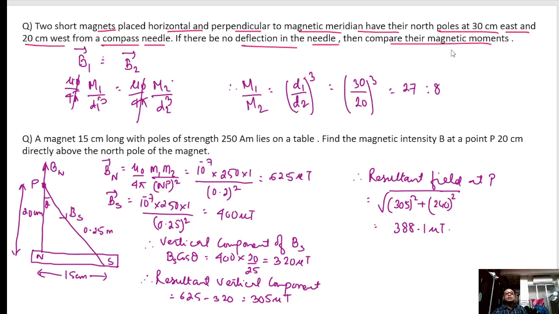Now see here one thing. Two short magnets placed horizontal and perpendicular to the magnetic meridian. That means this is the magnetic meridian, I am placing one magnet horizontal and one magnet perpendicular, like this.